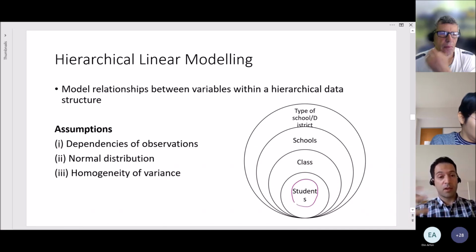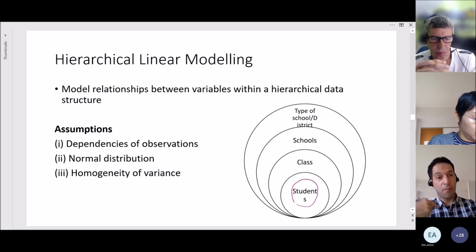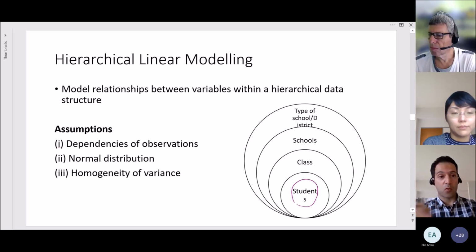For example, like I said, the SES of my classroom, the SES of the school, and the SES of the district in which the school is situated. All of these can affect my own performance, even though, as you see in this figure, they're way beyond my control and authority. They have an impact on my test score.